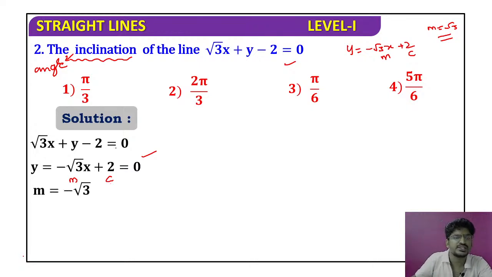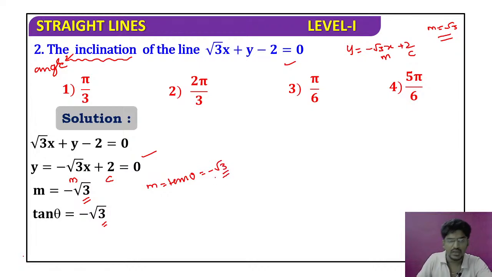And next you can just see m is equal to minus root 3 by taking this equation, that is y equal to minus root 3x plus 2. Hence you can see that tan theta is what? Minus root 3, because we know that slope m is equal to tan theta. So tan theta will be equal to minus root 3. Clear? So now from this you can identify that it is in second quadrant. So therefore pi minus pi by 3.